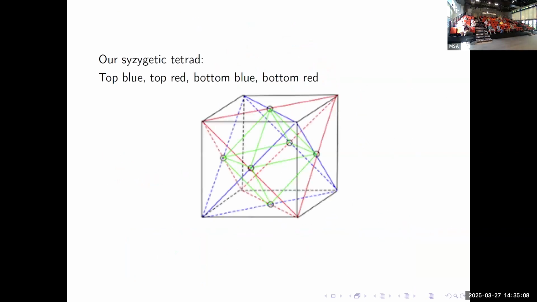Bitangents are vertices of the cube. The syzygetic tetrad is a set of 4 odd theta characteristics whose product is twice the canonical divisor. That's what syzygetic means.